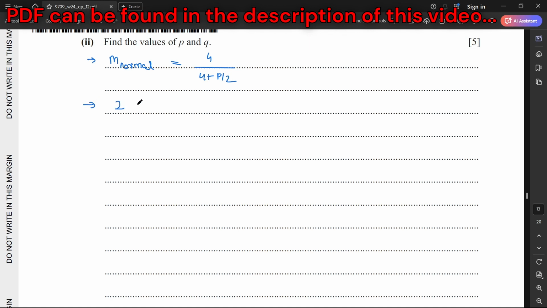So I can say that 2 = 4 / (4 + p/2). Now if I solve it further, it's going to be 2 times 4 is 8, then 2 times p/2 is p, so 8 + p = 4. From here we are getting the value of p, which comes out to be -4. So that is the answer we have for the value of p as asked in the question.